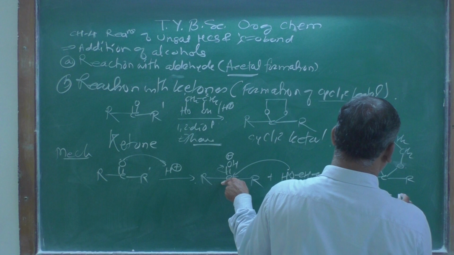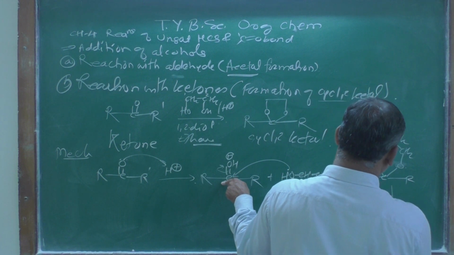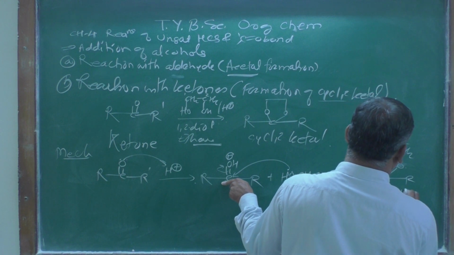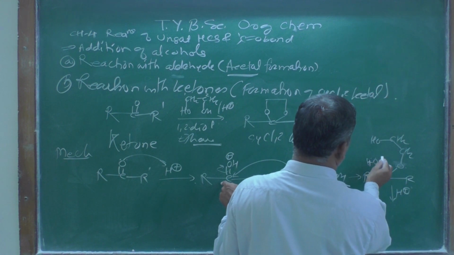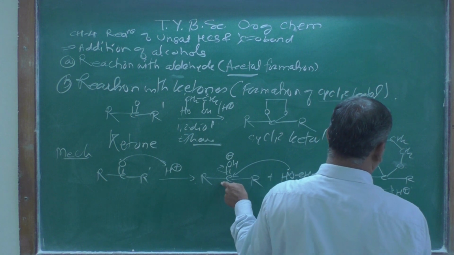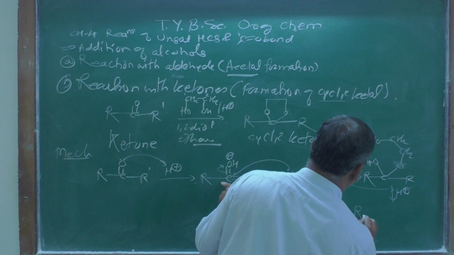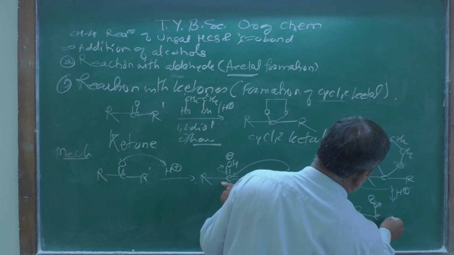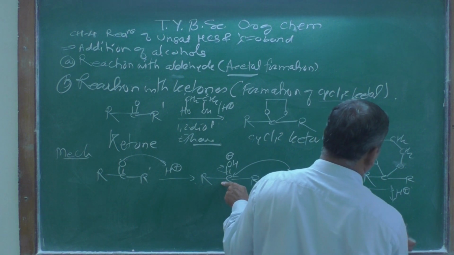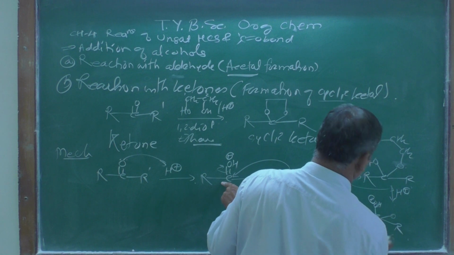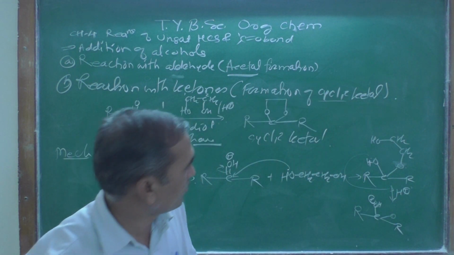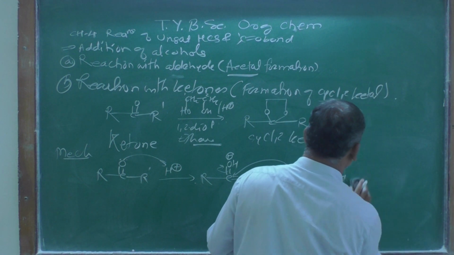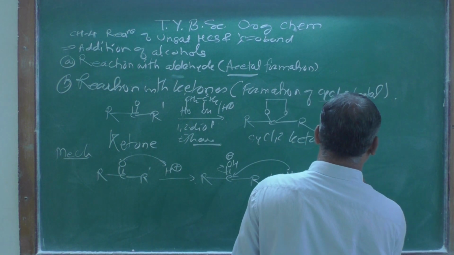Now what is going to happen? Next, the H plus. These are reversible reactions. This OH is picking a proton from here, and you are going to get R, C, OH, with a positive charge over there, then this R as it is, then O. Now I think there will be a complication, so let me write properly so that you can see clearly.